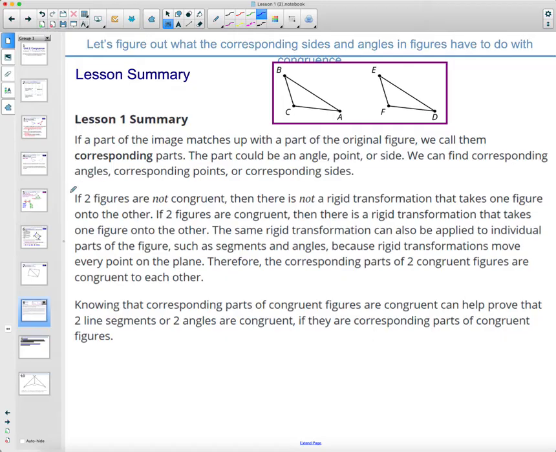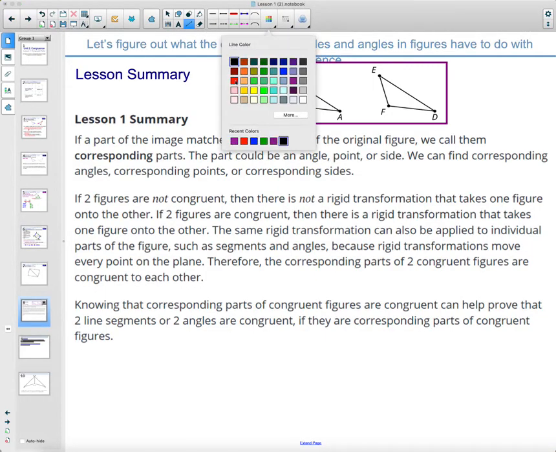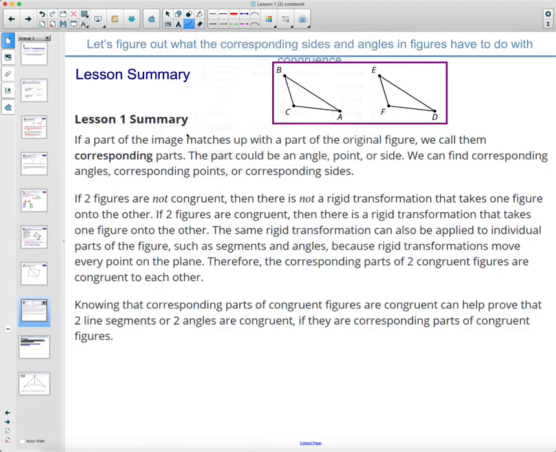Okay, so then for your lesson summary, you can read through this as summarizing what we talked about today. Corresponding parts was a big part of today's lesson. A corresponding part could be an angle, it could be a point, it could be a side.